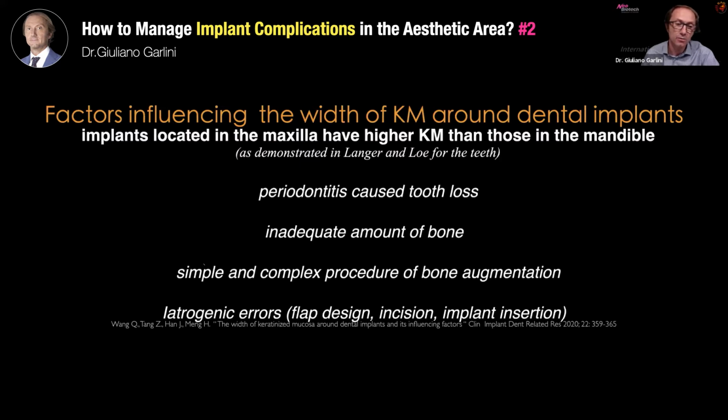And also, when we perform simple or complex procedures of bone augmentation when we insert our implant, we can reduce the amount of keratinized mucosa around our implant. And sometimes some iatrogenic errors related to the flap design, to the incision, to the implant insertion itself, as we have already seen last week, could result in a very small amount of keratinized mucosa.